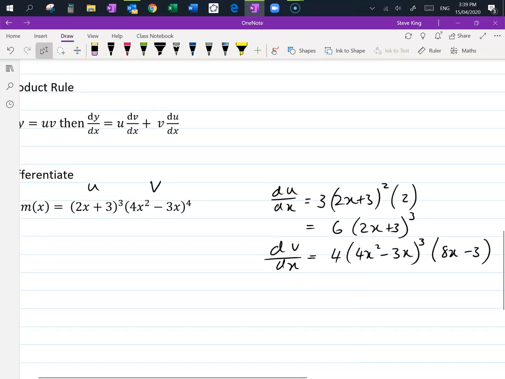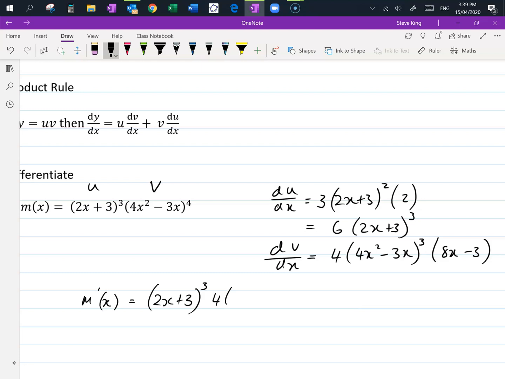And so, if I want to try and find the derivative of this, so m dash of x, it's going to be u. So it's going to be (2x plus 3) raised to the power 3 multiplied by dv dx, which is going to be this monstrous thing over here, (4x squared minus 3x) to the power 3 times (8x minus 3).